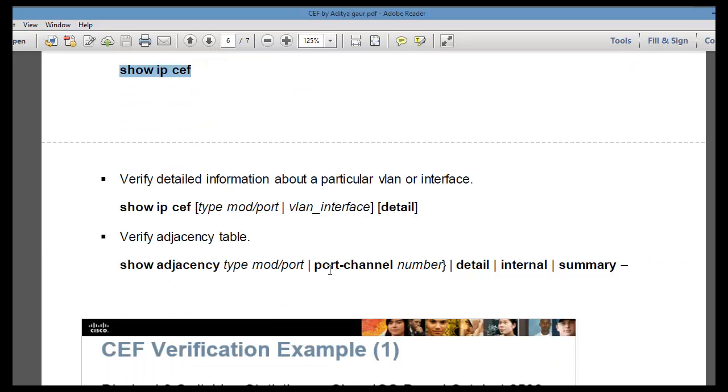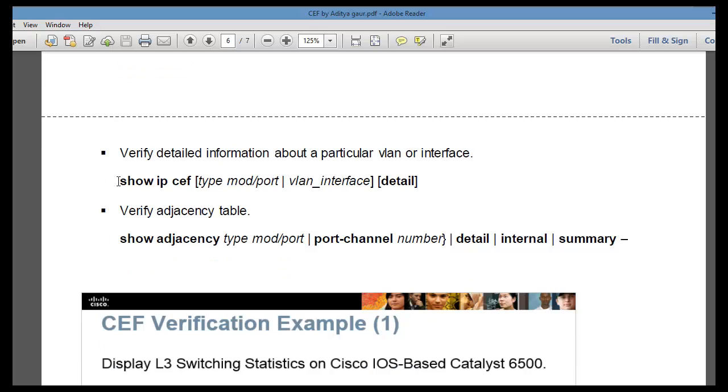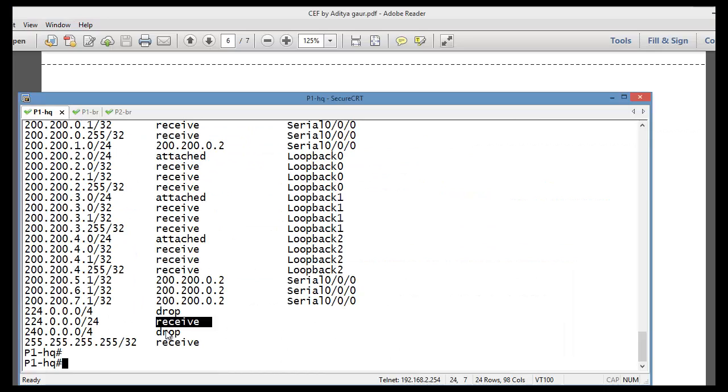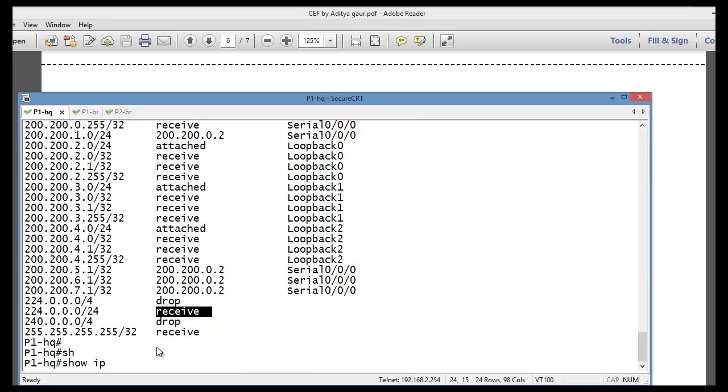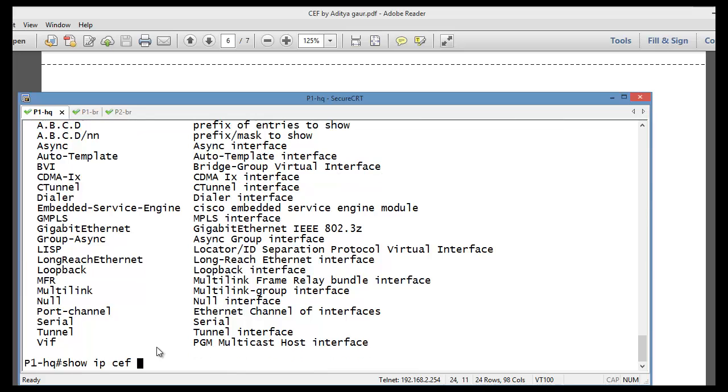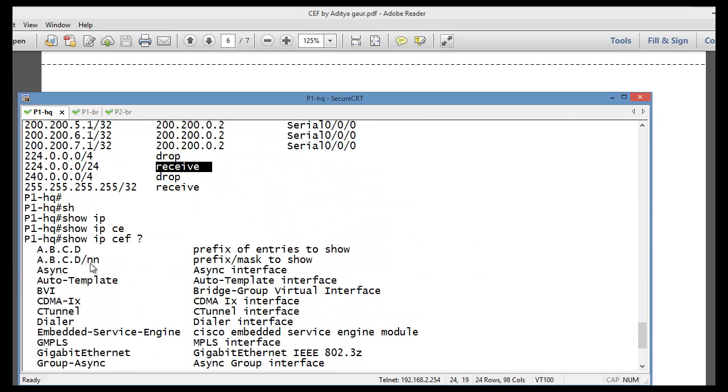You can check a particular interface with show ip cef, and then it could be a VLAN or an interface. If you put a question mark, you will find everything.